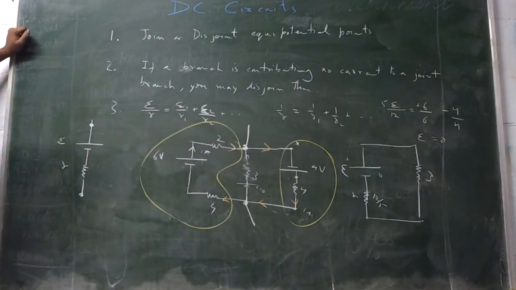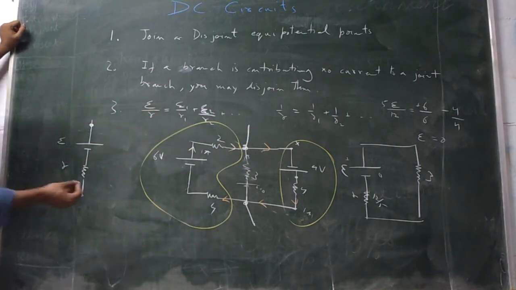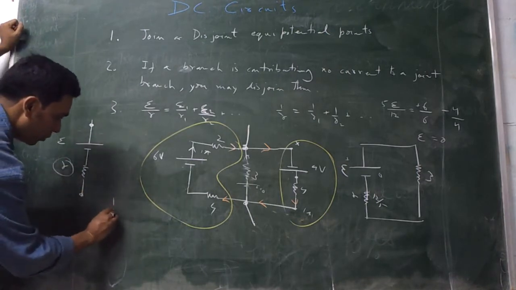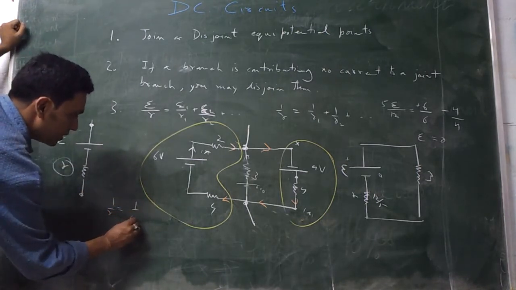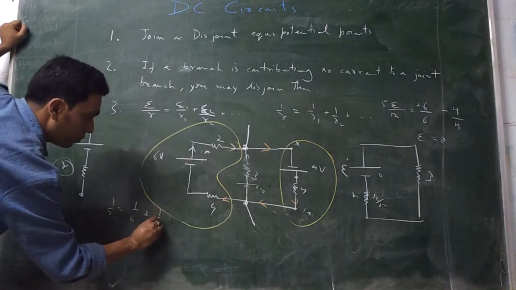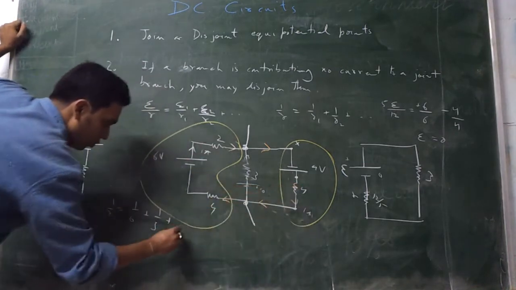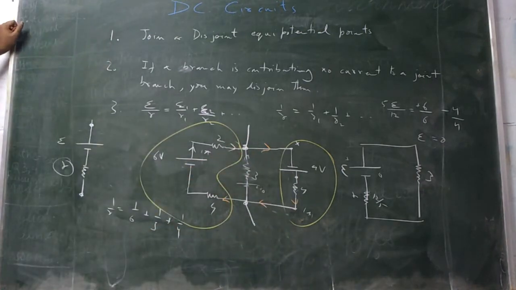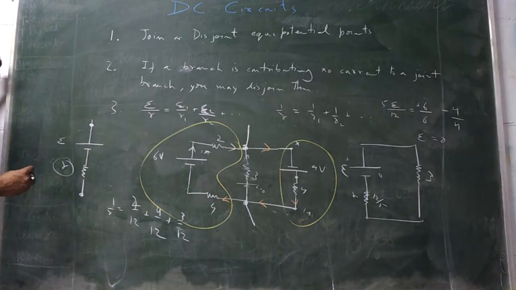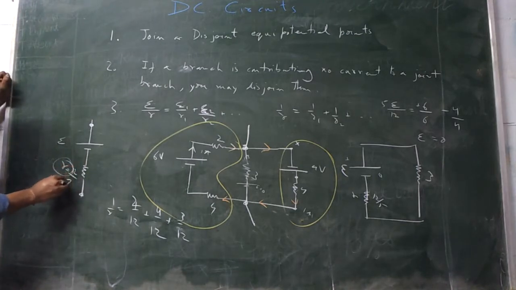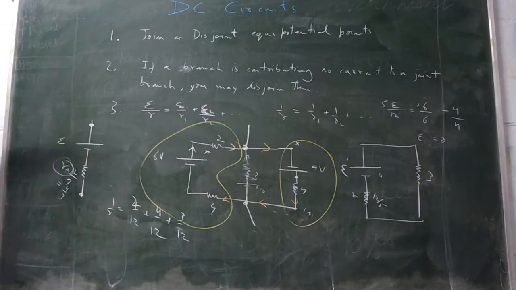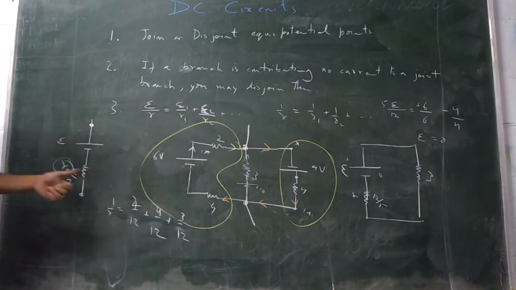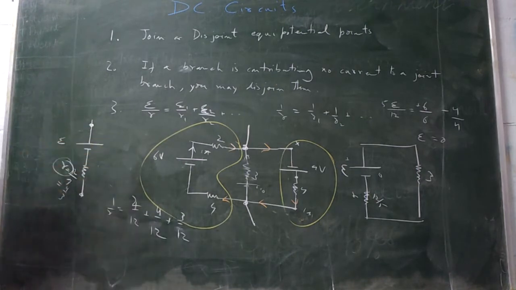Now let us see that all three as a battery if we take, then what is the new R? This R would be 1 by R is equal to 1 by 6, 2 plus 4, 6, plus 1 by 3 plus 1 by 4. This is all plus plus plus, whether the battery is in the same polarity or the opposite. So R is 12 by 9, or 4 by 3 is your R. It was actually not required in this because eventually you are going to get a zero potential battery again.